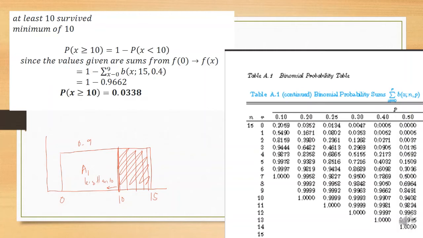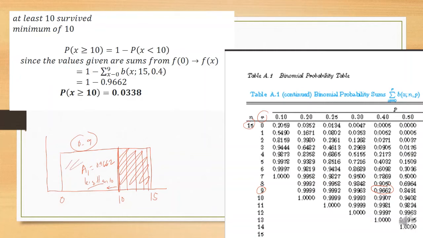Kaya kung makikita ninyo yung ating, kasi nakalagay less than, 0 to 9, if you are going to look here, 15 yung ating N, and then 9 yung R, kasi 0 to 9. Sa 0.4, ang ating area ay actually equal to 0.9662. Yan yung area dito sa side na ito.